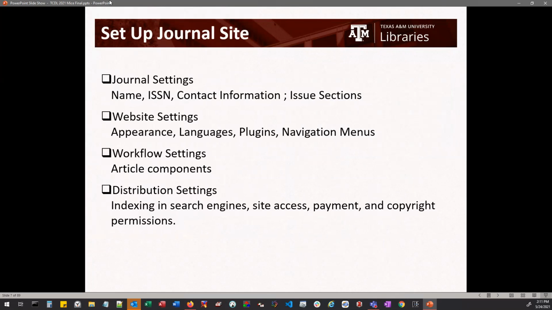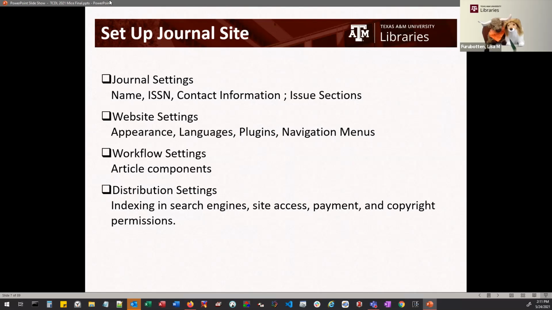Previously, yeah. So in the journal settings, you will upload the name of the journal and the ISSN number and the contact information for your editor and your editing team. And this is also where you will set up the issues sections.